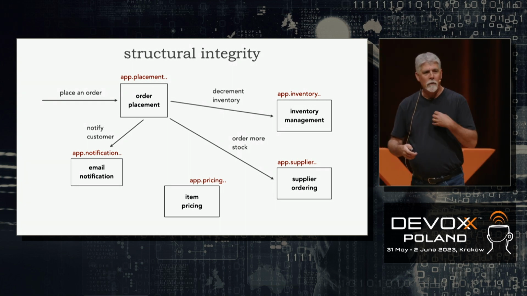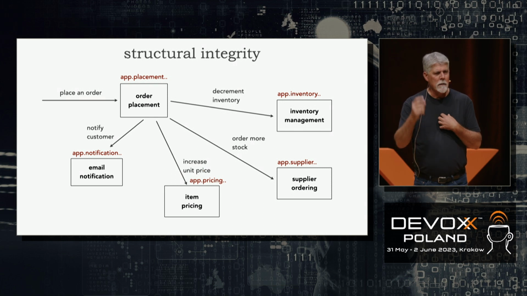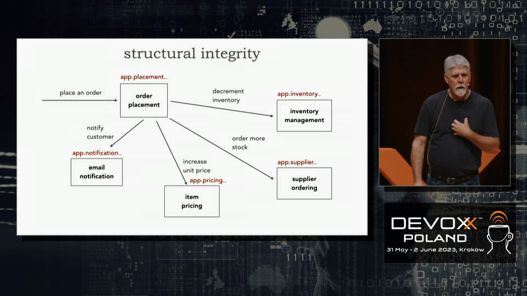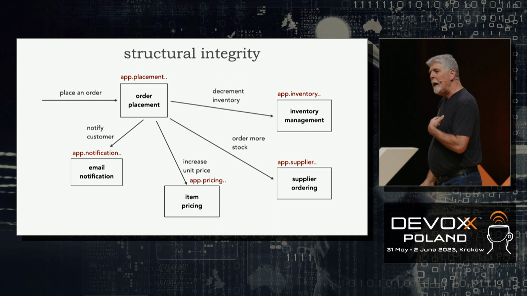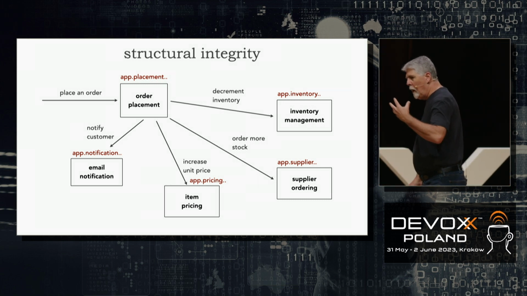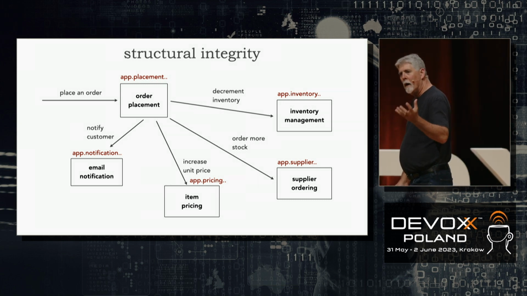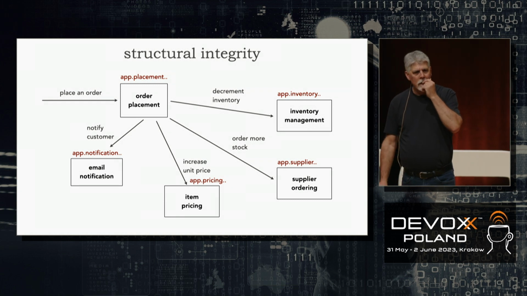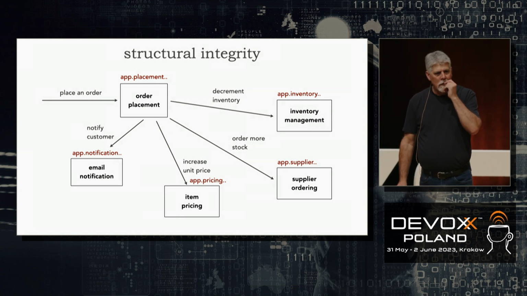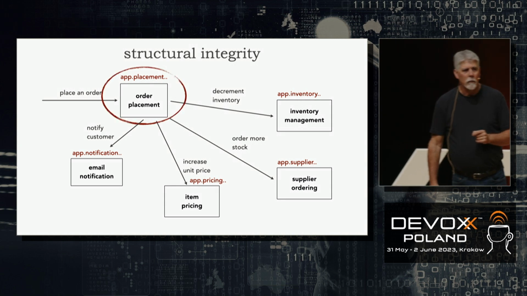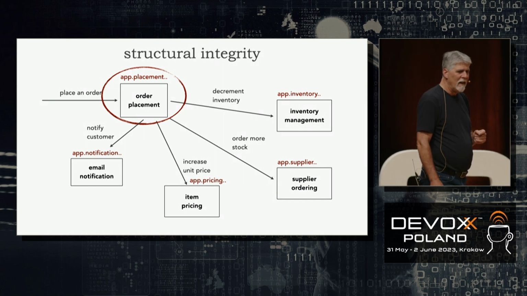So, is it my responsibility? No, I tell item pricing do that. Do you see any issues with the structure of my system right here? I sure do. Order placement is tightly coupled to the rest of the system, isn't it?